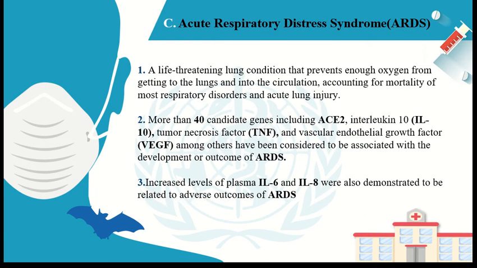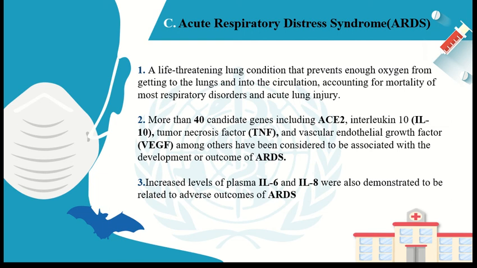Next thing is acute respiratory distress syndrome (ARDS). It is a life-threatening lung condition that prevents enough oxygen from getting to the lungs and into the circulation, accounting for the mortality from respiratory disorders and acute lung injury. More than 40 candidate genes, including ACE2, interleukin 10, tumor necrosis factor TNF, and vascular endothelial growth factor, among others, have been considered to be associated with the development and outcome of ARDS.